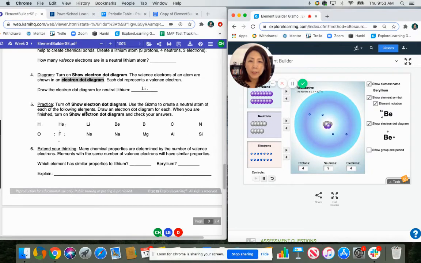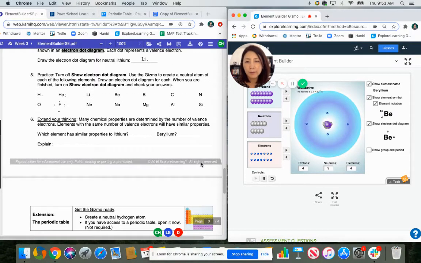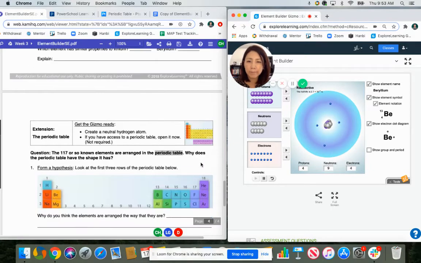So I'm going to look and see of the other ones I did, which one also has 2 valence electrons. Okay, and then I'm going to explain why I put them together, and you're going to say that they had similar valence electrons.